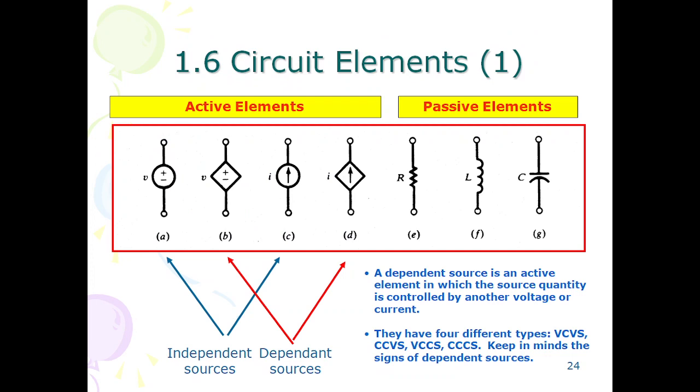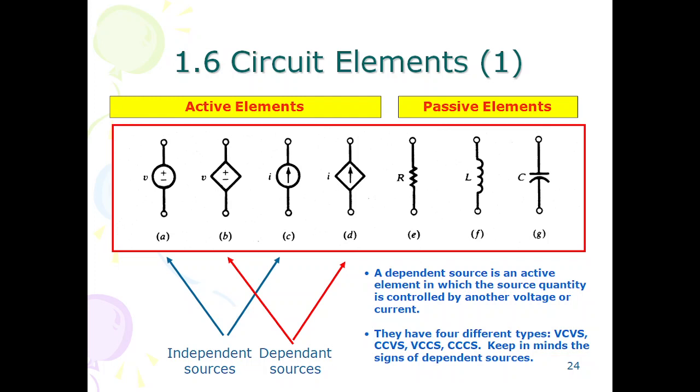Now the last topic is circuit elements. Basically there are two types of circuit elements: active elements and passive elements. Active elements are those that generate power, like batteries, cells, voltage sources, and current sources.